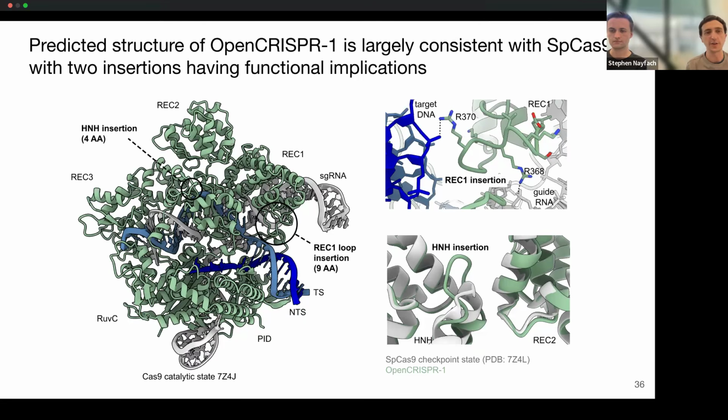Then there was another small insertion in the HNH domain. Together, we speculate that these novel domain insertions could help to either stabilize the protein in complex with the target DNA, or could be involved in increasing its activity based on this loop in the HNH domain.